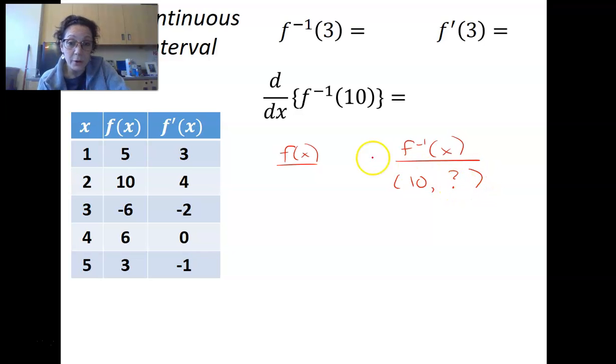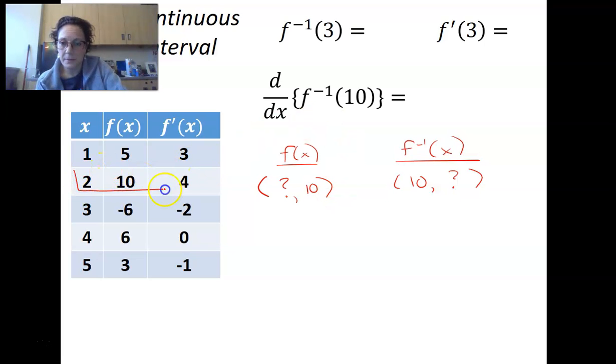But I do know, if I go back to f of x, if f inverse has a point 10, question mark, then f of x has a point question mark, 10. So let me go see if I can find that point. There it is. So f of x contains the point 2, 10. That means f inverse of x contains the point 10, 2. So f inverse of 10 is 2.